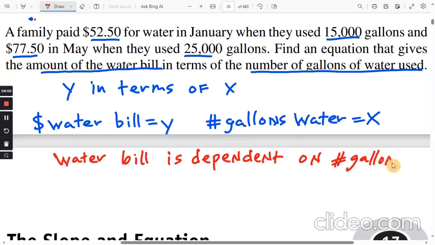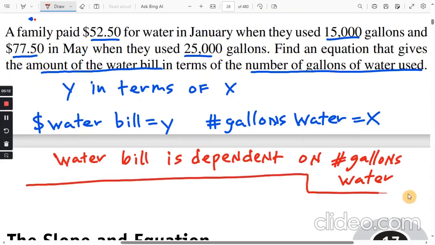I'll just write number of gallons of water. So obviously the water bill is going to be the y and the number of gallons of water is going to be x. All right, so even if they hadn't written this last sentence, you would know which one is x and y.